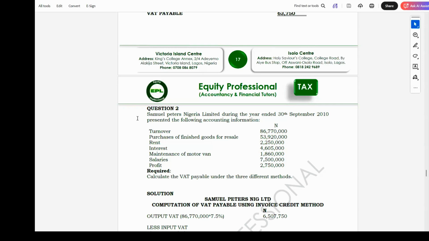Then we have question number 2. Samuel Peter Nigeria Limited, during the year ended 30th September 2010, presented the following accounting information.